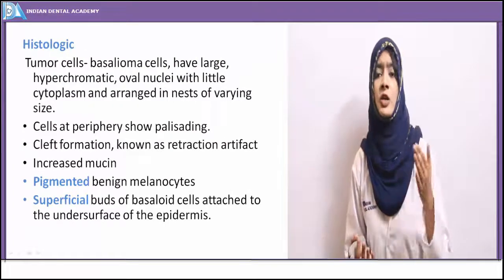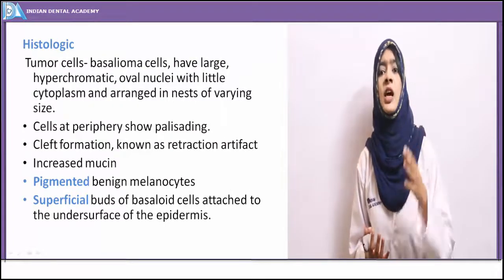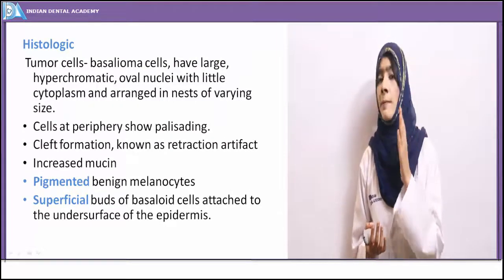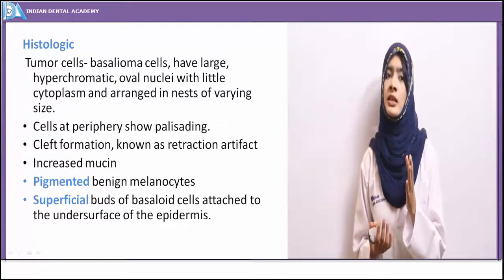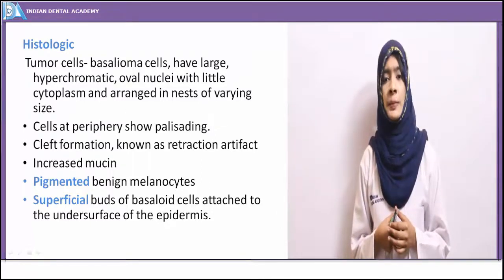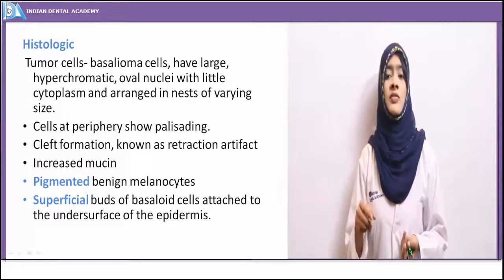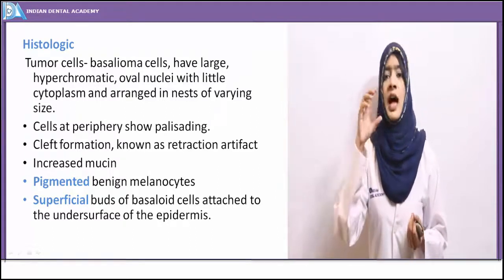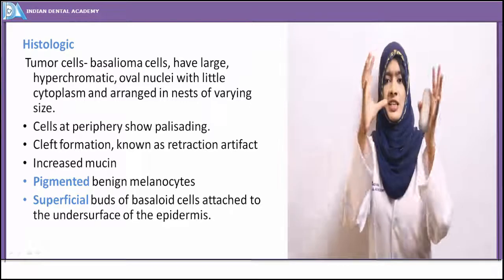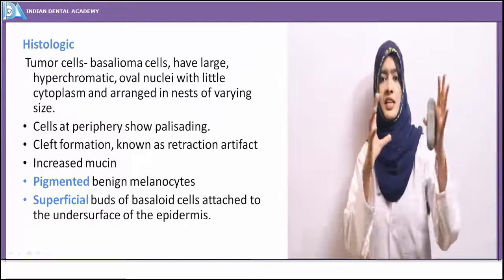So when you see the microscopic picture of the tumor cells, basically they are the basalioma cells. The basalioma cells are nothing but the basal cells with large hyperchromatic oval nuclei and very little cytoplasm, and these basal cells are arranged in nests or islands of cells of varying sizes in the epithelium.